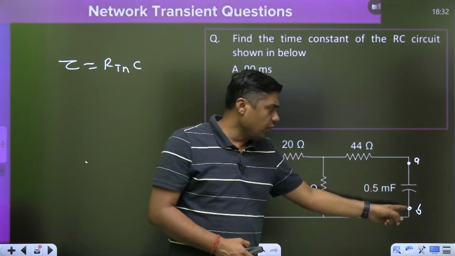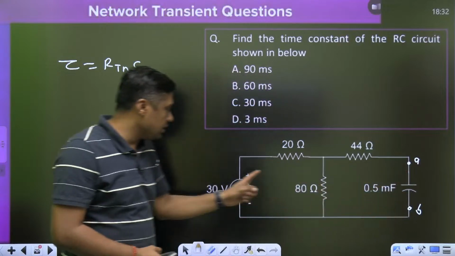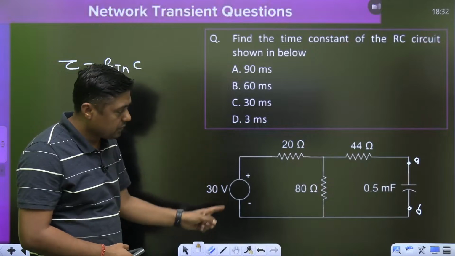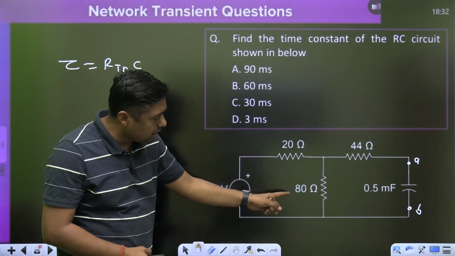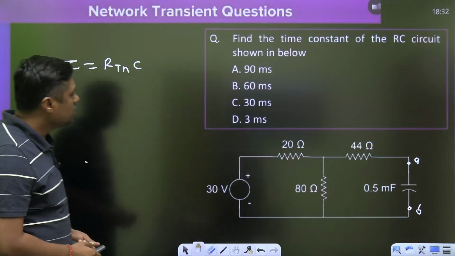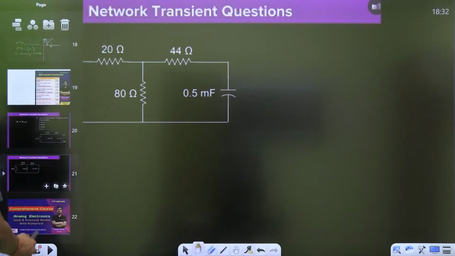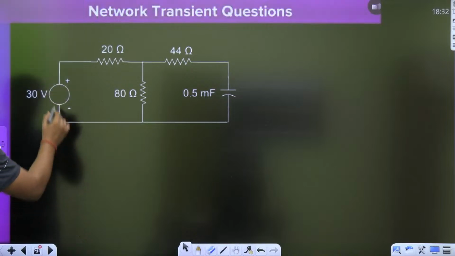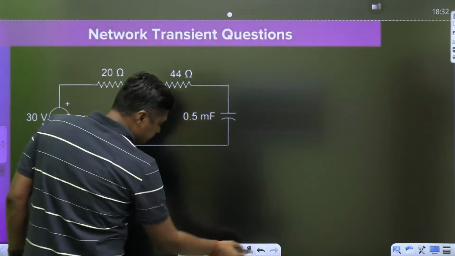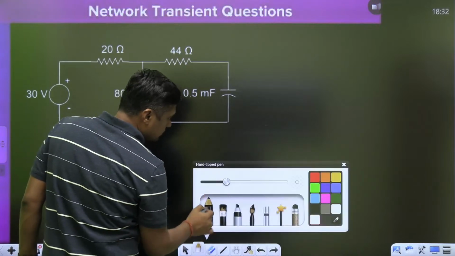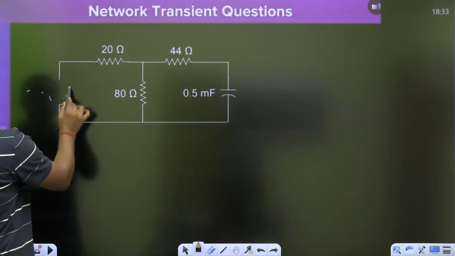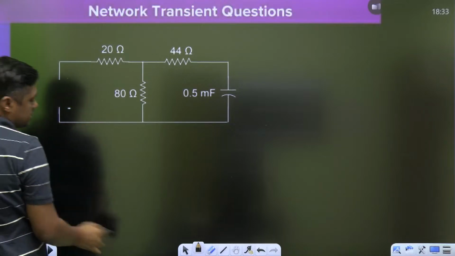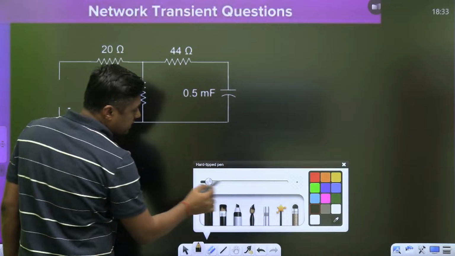If you want to find the Thevenin's resistance across A and B, you have to make the 30 volt source 0. When we make the 30 volt 0, 20 and 80 are in parallel and then 44 in series. So you can solve like this. First of all, make it 0, meaning the voltage source is short circuited.